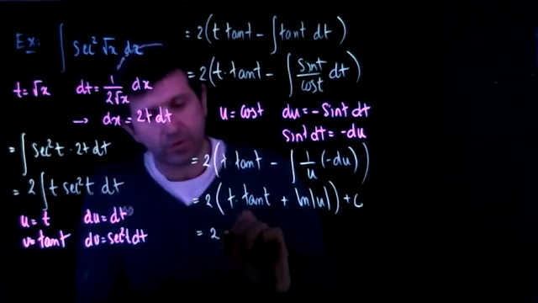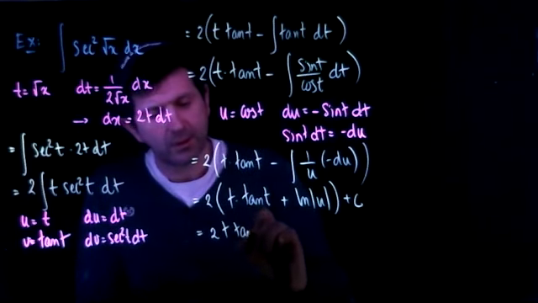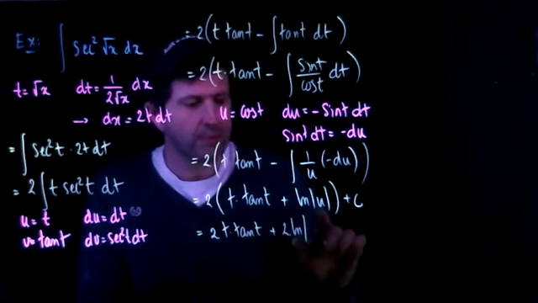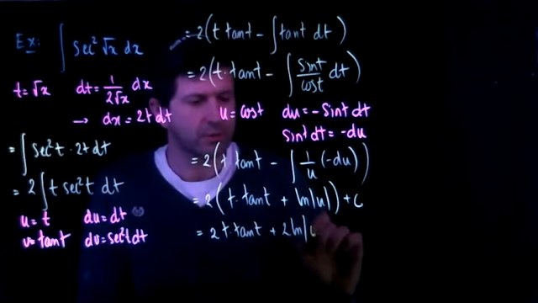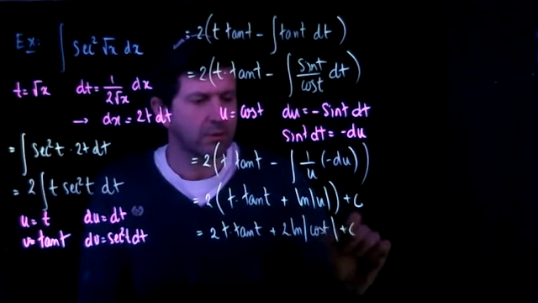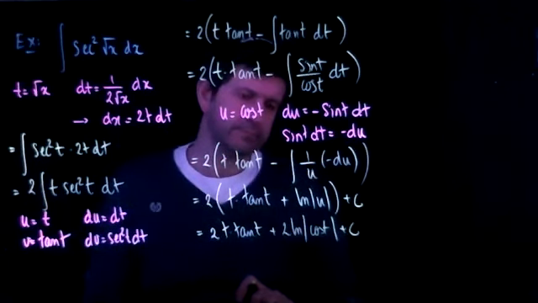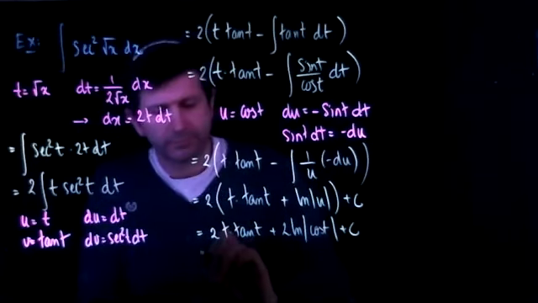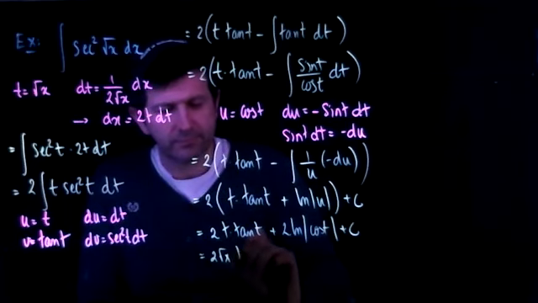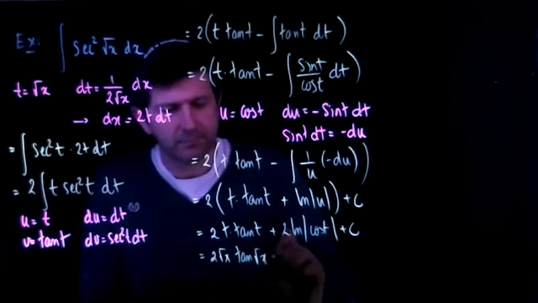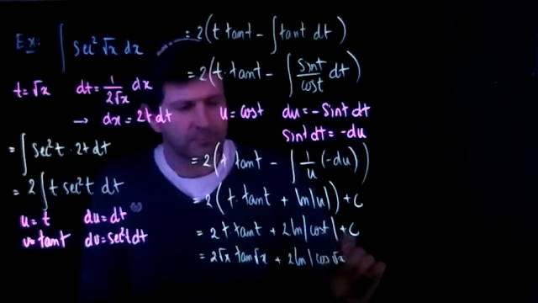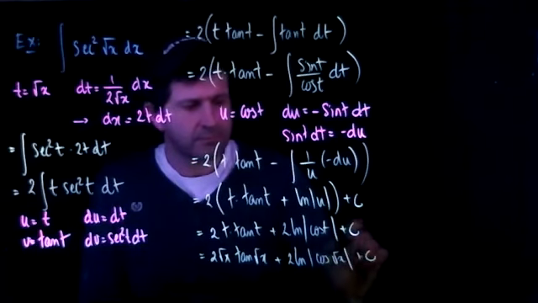Okay, so it's 2 t tan t plus 2 ln absolute value of u, which is cos t, plus c. And then I replace the t by the square root of x and I'm done. There you go.